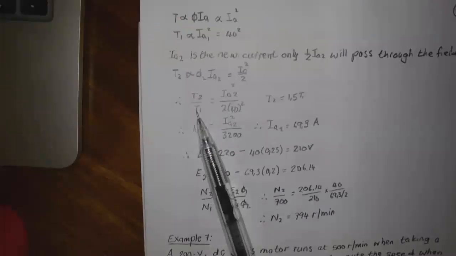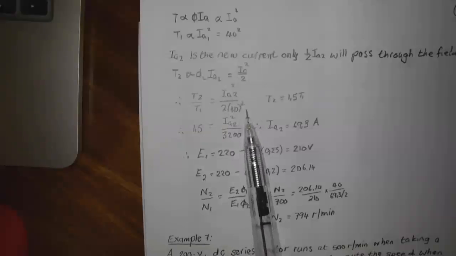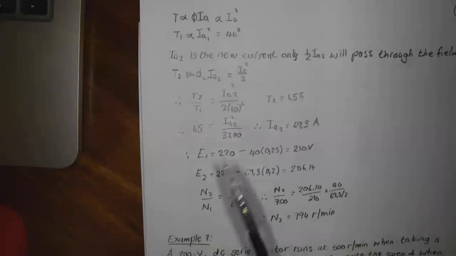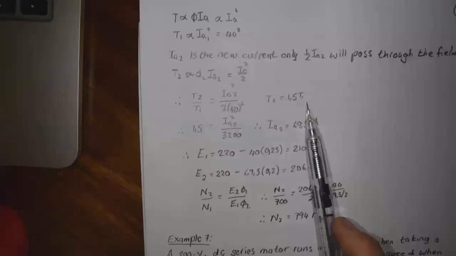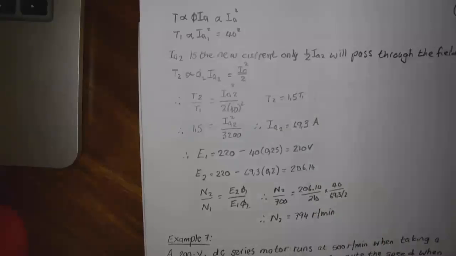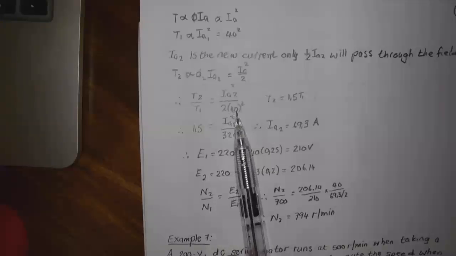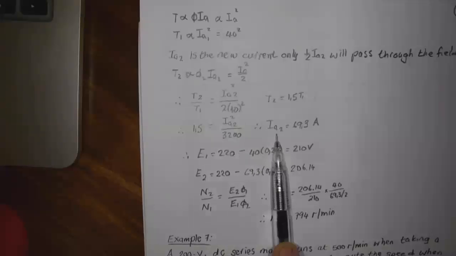And T1 over T2 is IA2 squared over 2 times 40 squared, because the torque is increased by 50%. So 1.5 is IA2 squared over 3,200, which is 40 squared times 2. Then we get IA2 is 69.3 amps.